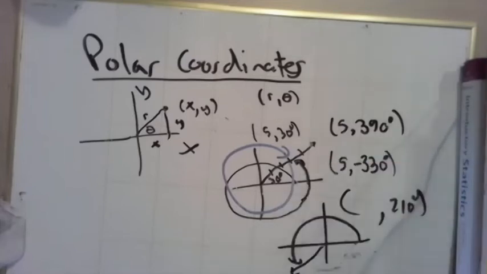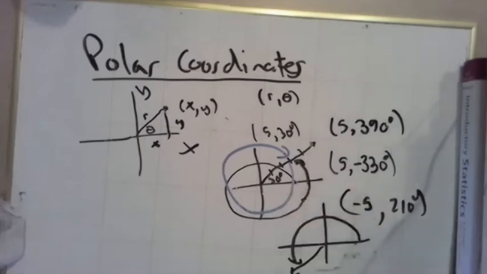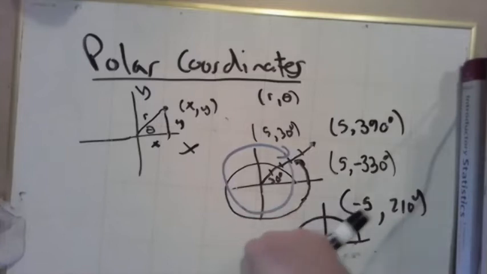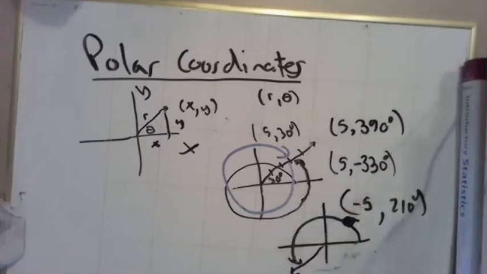The way we take care of that is we allow r to be negative. So you're facing 30 degrees below the negative x-axis. You walk backwards 5 units. You still land right there. Same spot. Okay, so that's the first interesting thing with polar coordinates, is there's more than one way. There are an infinite number of ways to write the same point, and they're all equivalent.